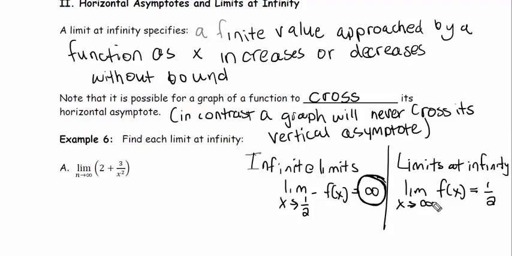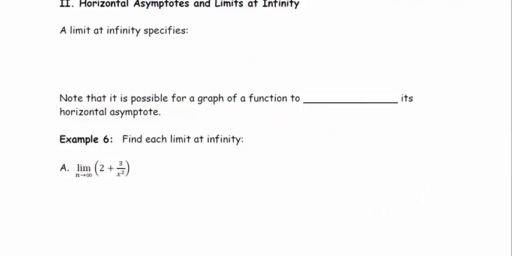For limits at infinity, the number that x is approaching is infinity or negative infinity. Please try to remember that. Like even for this first example here, find each limit at infinity, we see that infinity is the number that x is approaching.